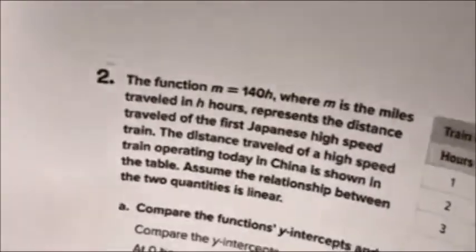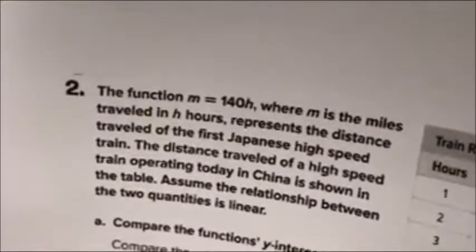All right, on page 93, you're going to glue in compare properties of functions. It has a 1 at the top. On page 94, you're going to glue in the one that has a 2 at the top, the function m equals 140h.